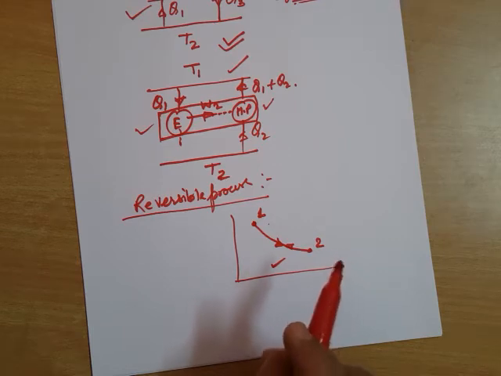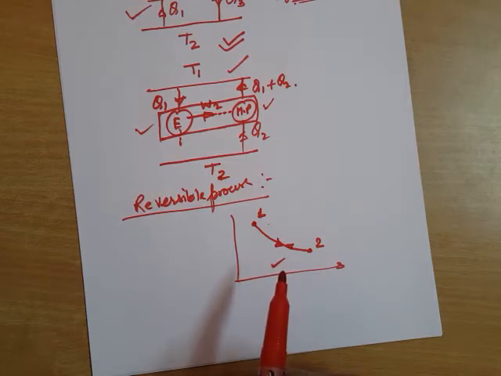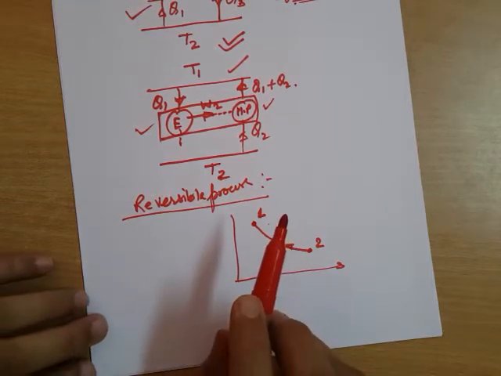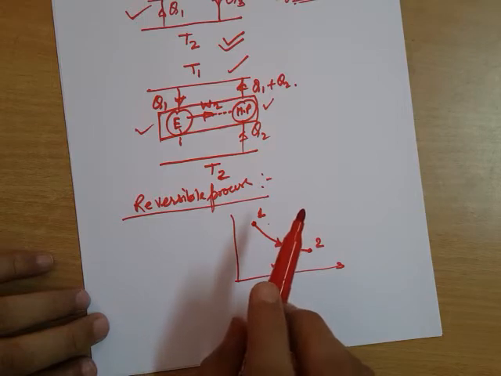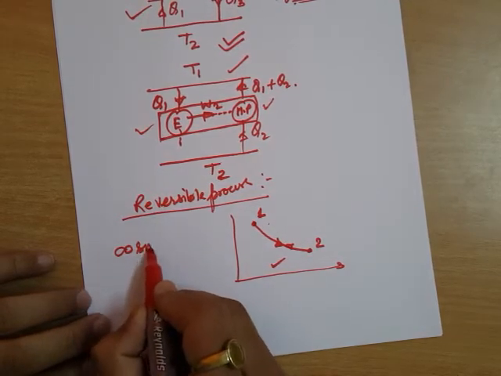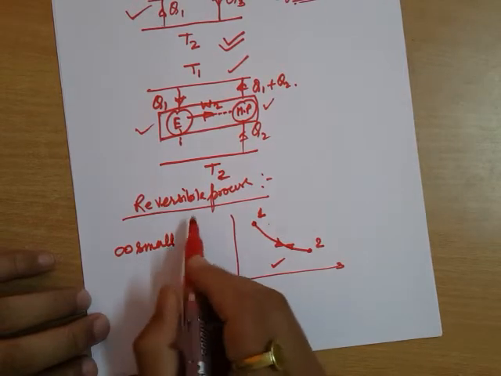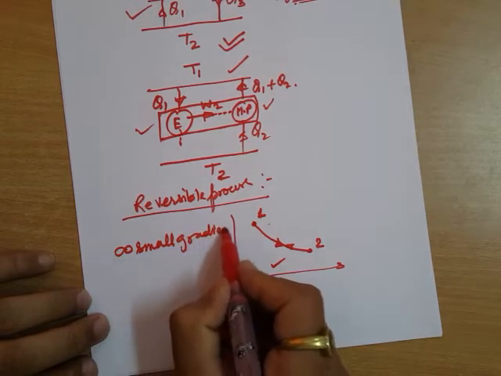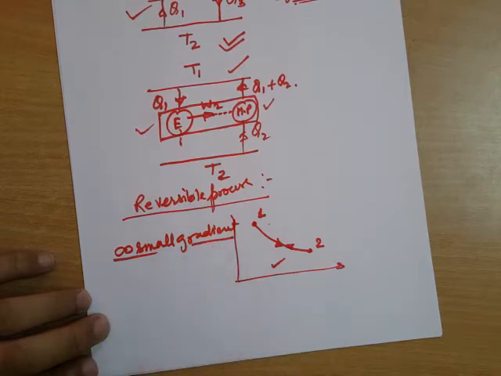So, when is this reversible process possible? This is possible only when there is an infinitely small, that is, infinitesimal gradient. We always know that any system performs an action when there is a finite gradient.